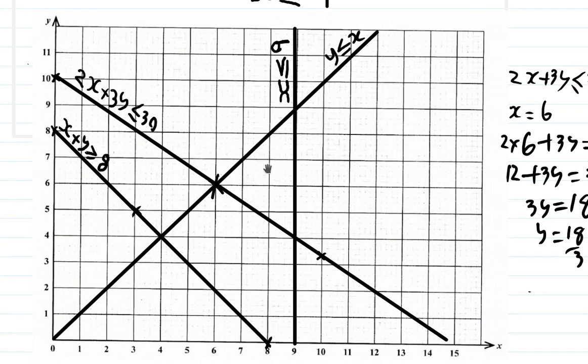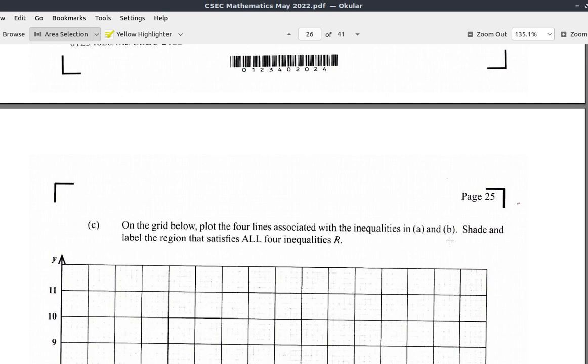Well, we have a region here within a triangle that satisfies these three inequalities right here. But they ask us for the region that satisfies all four inequalities.